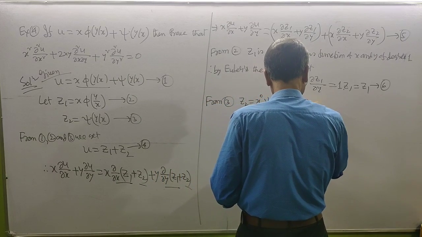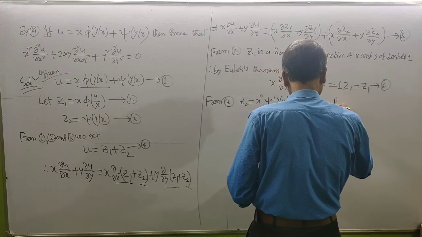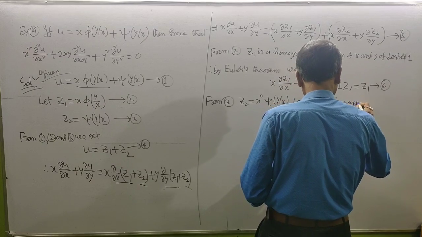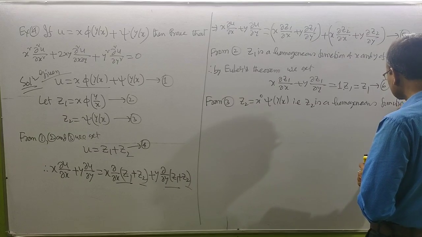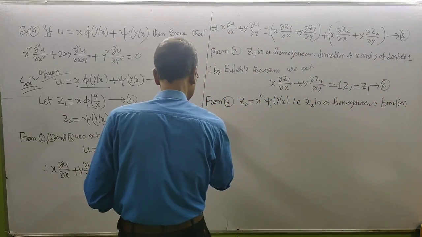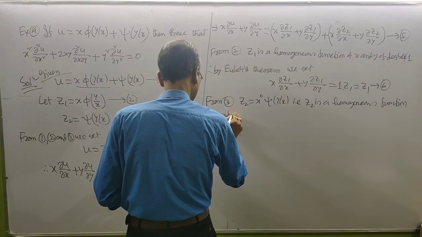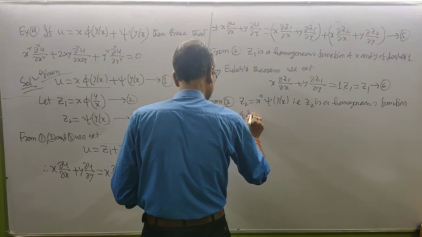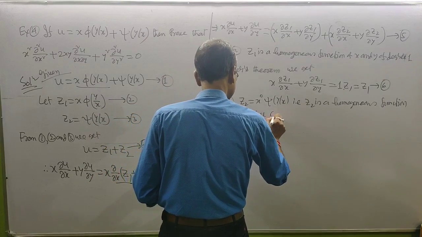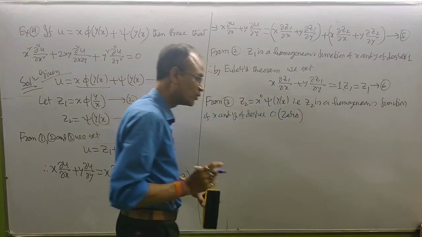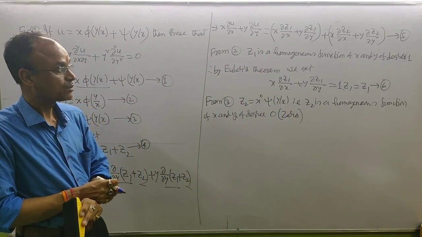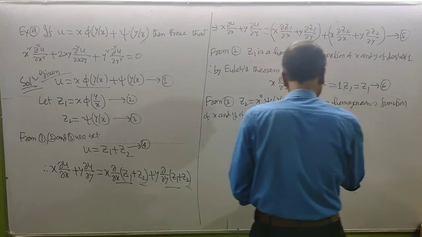That is, z2 is a homogeneous function of x and y of degree 0.